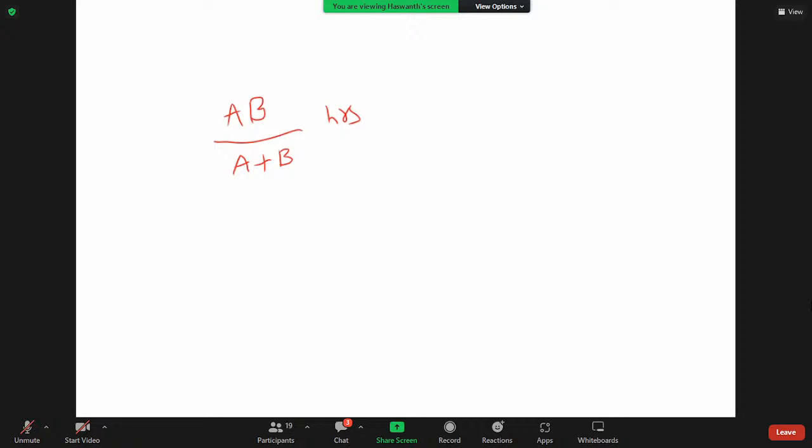So substitute the inlet pipe value as a positive number, then the outlet pipe value must be negative. So A value is 4, B value, it's an outlet pipe, so substitute it as a negative, minus 12. By 4 minus 12, we get minus 48 by minus 8, which is 6 hours.